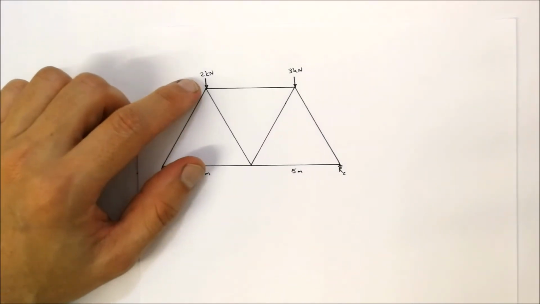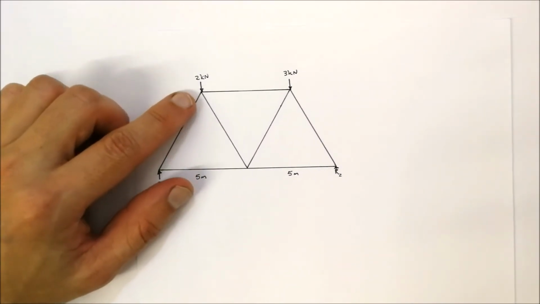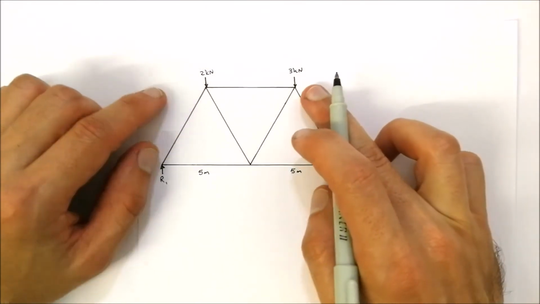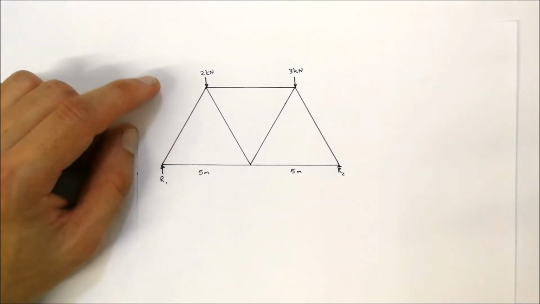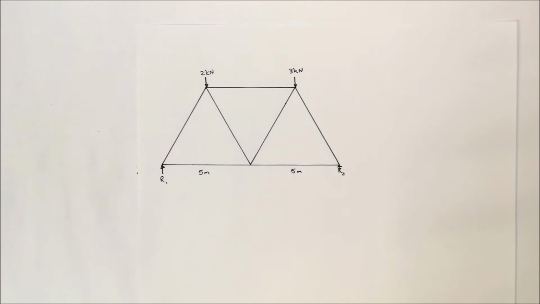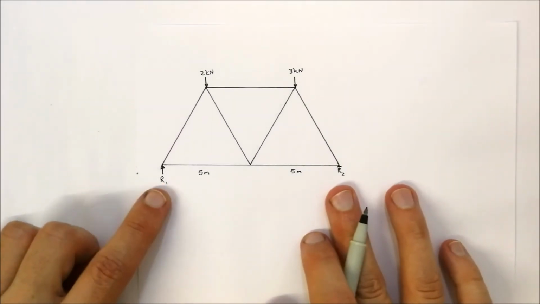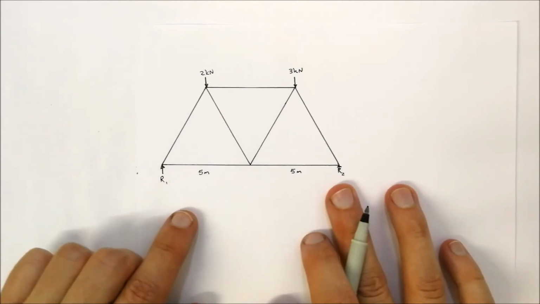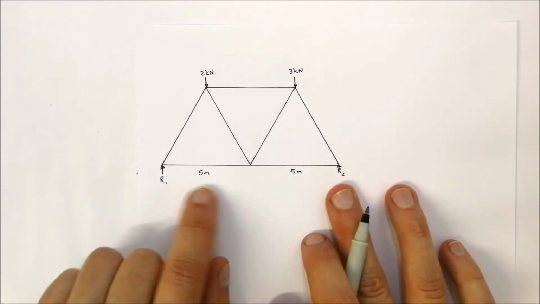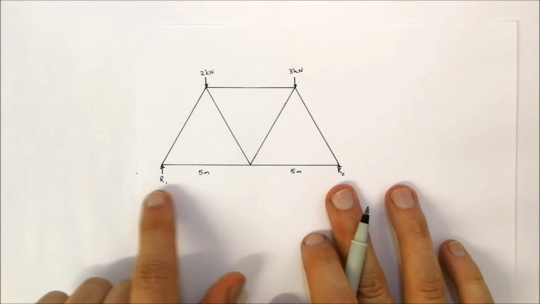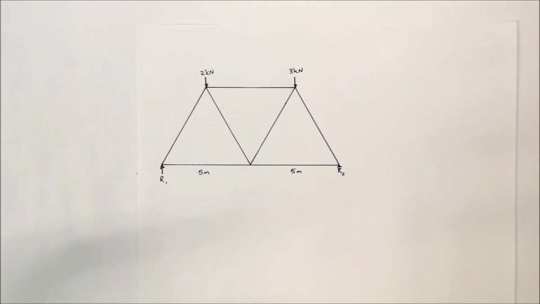We've got 2 kilonewtons force acting downwards over there, and 3 kilonewtons force acting downwards over there. These support points are 10 meters away from each other, so each triangle is 5 meters on a base in terms of dimensions.